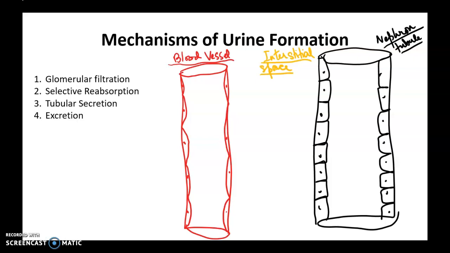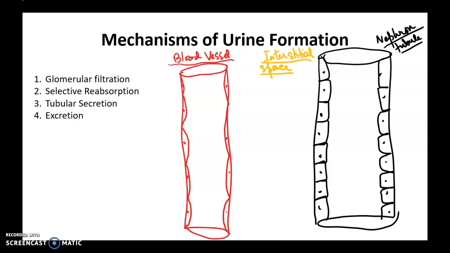So, glomerular filtration. So here I have drawn out a blood vessel, interstitial space, and a nephron tubule. I want you to notice that the blood vessel is lined with simple squamous endothelial cells. The interstitial space is the space that all these materials that pass the blood vessel or that come out of the nephron tube, they have to pass the interstitial space, right?